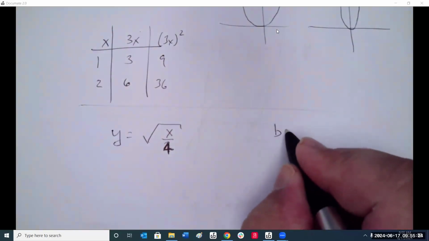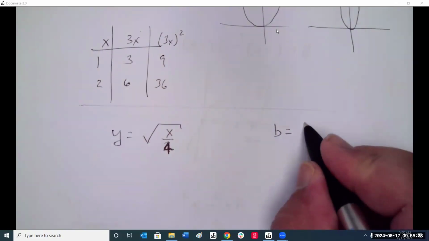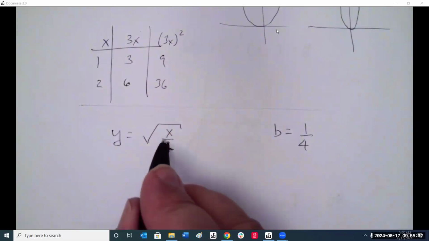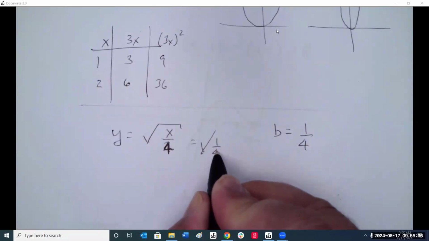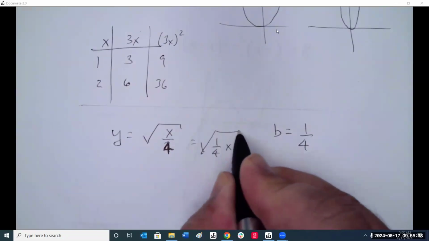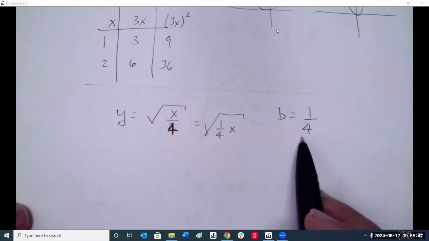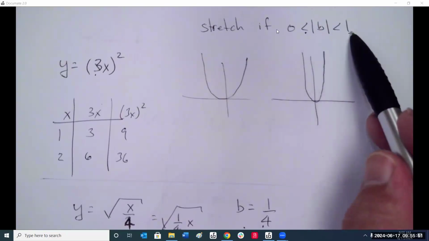What is the b value? 1/4, because it's whatever's in front of the x. So this b value is between 0 and 1.